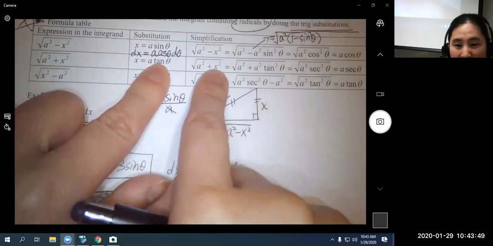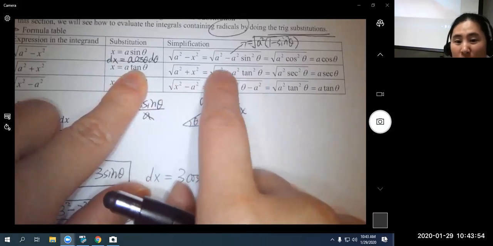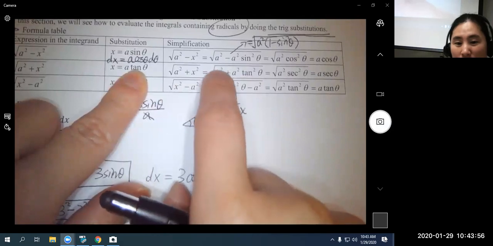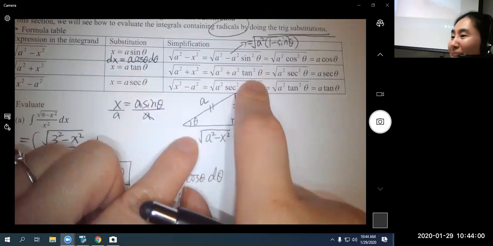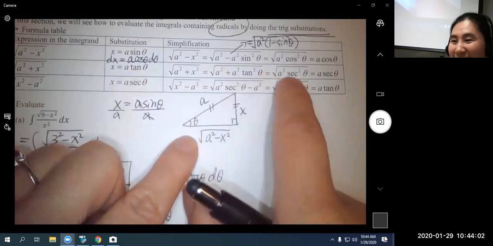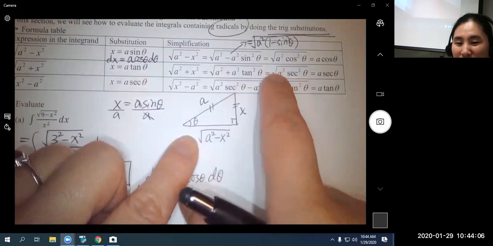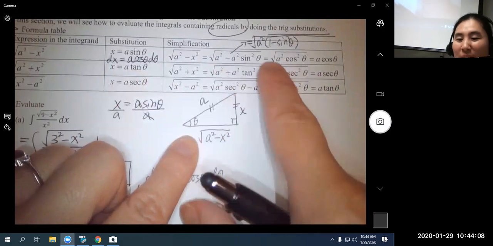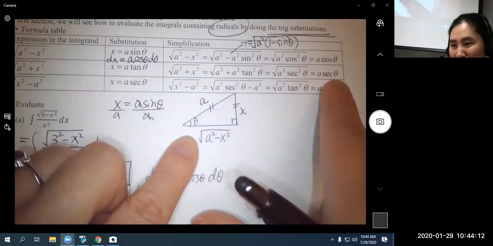If we replace x by a times tangent, when we put the a squared out, we'll have 1 plus tangent theta squared. What is 1 plus tangent theta squared? Secant theta squared, right? So the square root of a squared secant theta squared gets rid of the radical, and we have a times secant theta.